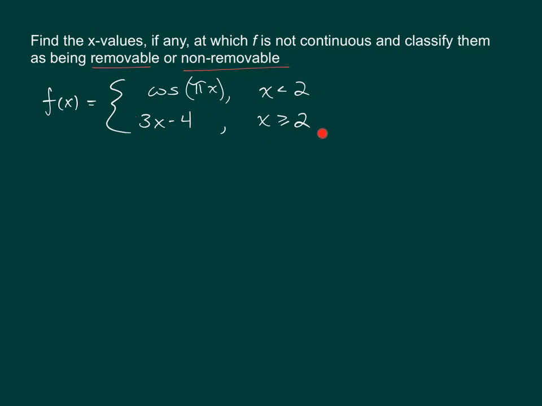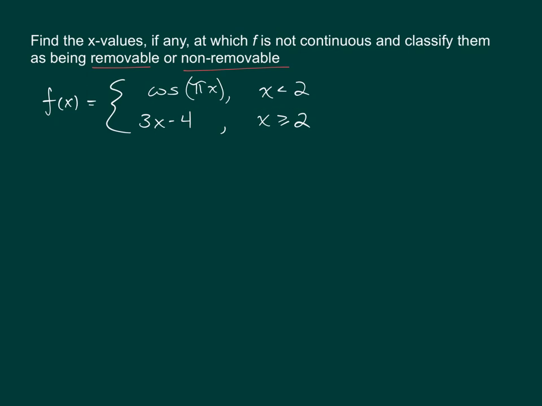So we want to know, is the cosine of pi x discontinuous anywhere for x less than 2? And the answer is no. The cosine of this particular argument, pi x, is continuous everywhere. So if we just take a portion of it, say when x is less than 2, it's still continuous.